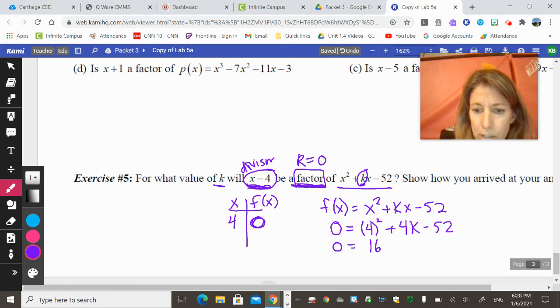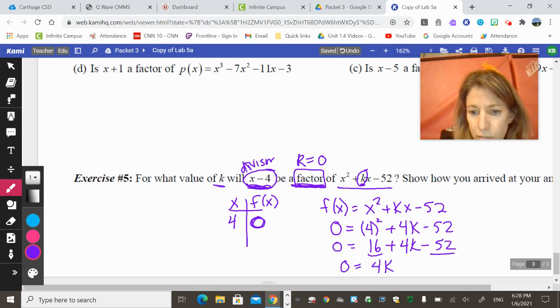So I have 16 plus 4k minus 52. Then I can combine like terms. I'm going to write my 4k first. A negative 52 and a positive 16 gives me negative 36.